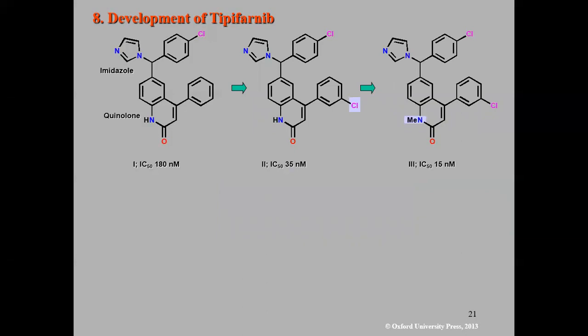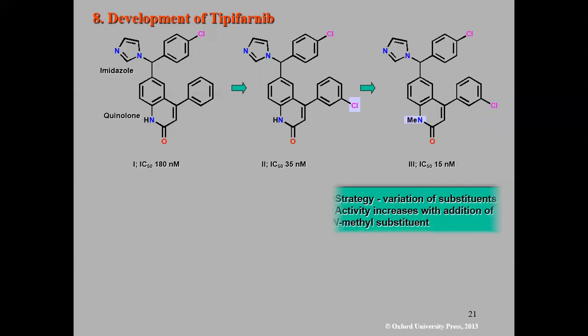Compound 3 was developed from compound 2 using the variation of substituent strategy. Also, the activity increased with the N-methyl substituent. The IC50 for compound 3 is just 15 nanomolar.